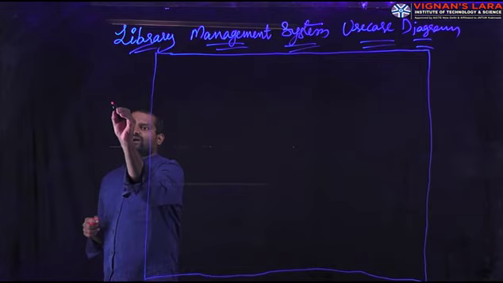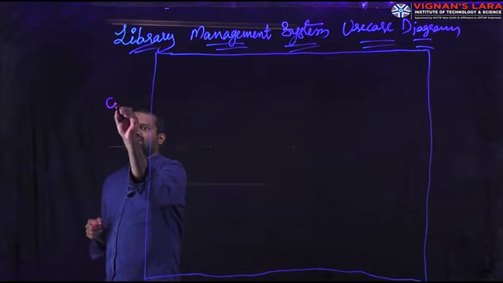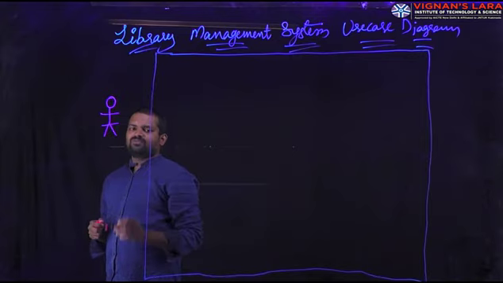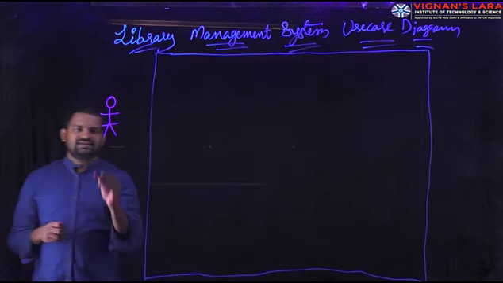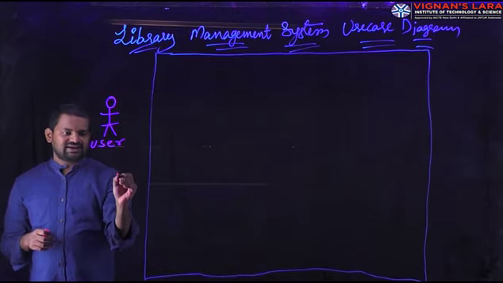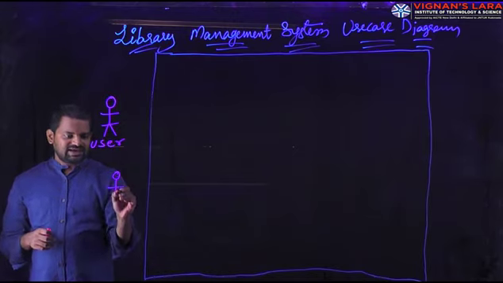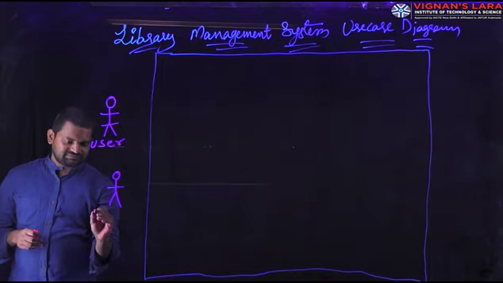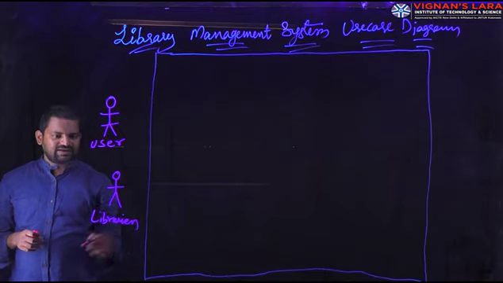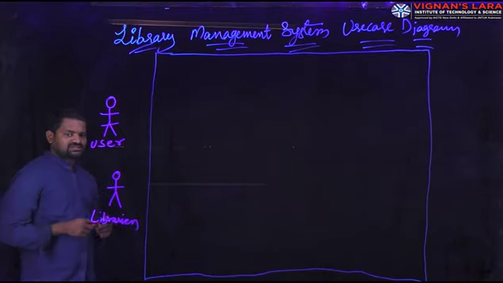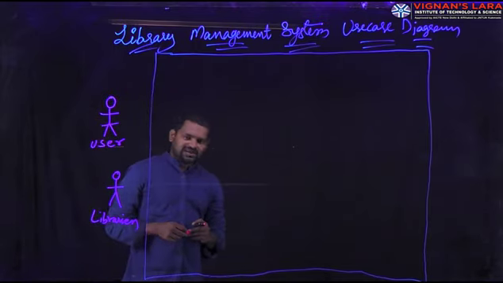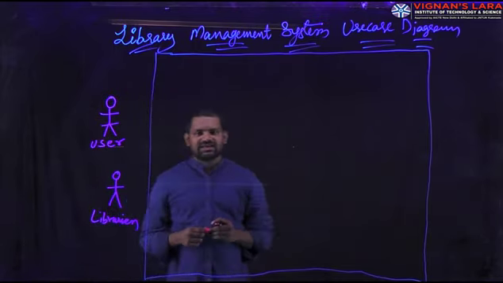First of all, we observe that two persons are required for the library management system. The first one is the library user, and the second one is the librarian.